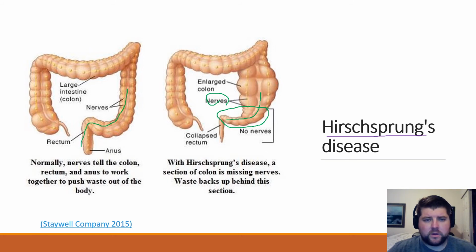And so it gets backed up here, and it causes this enlarged colon, which is very dangerous because it can burst, and it can burst here and then cause some really bad abdominal problems, necrotic bowels, those kinds of things. So it's important to figure out how this works.